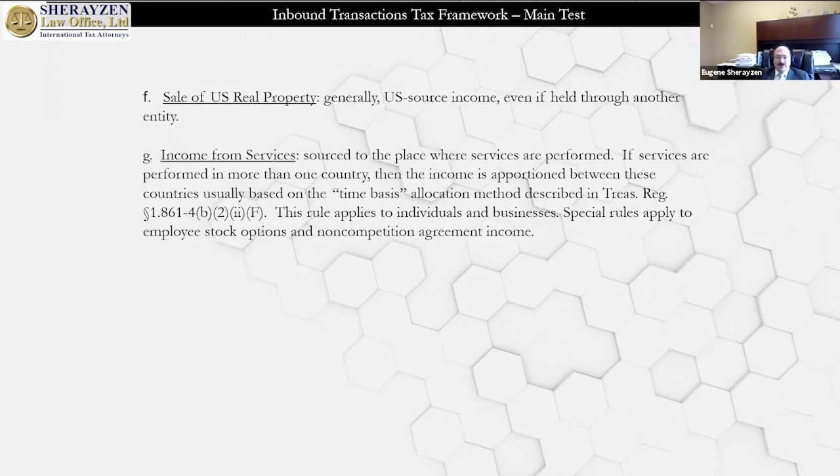So for example, if you go to France, perform some work there, and get paid for that work, even though you're a US citizen, even if you don't reside in France, the payment that you receive for the services performed in France is going to be considered French source income.